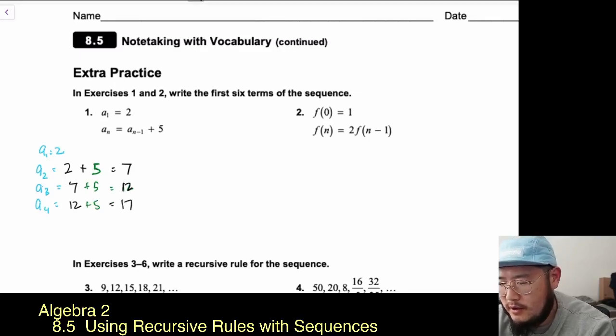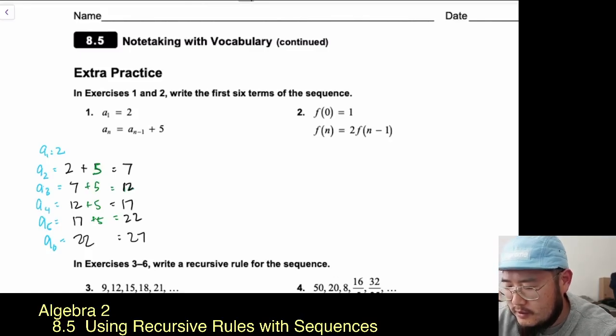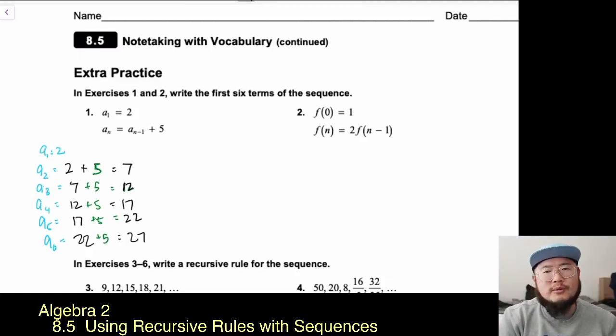Quickly going through this, we'll take 17 plus 5, and that now equals 22. And then for a sub 6, the sixth term, we've got 22 plus 5, and that equals 27. And there you go. We have our first 6 terms.